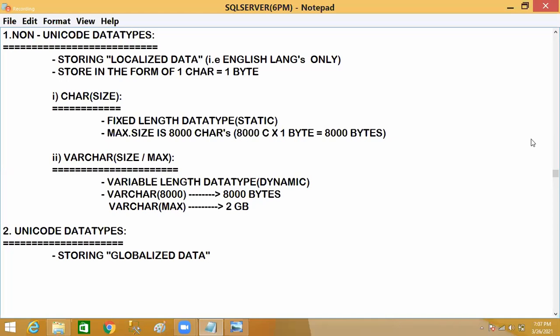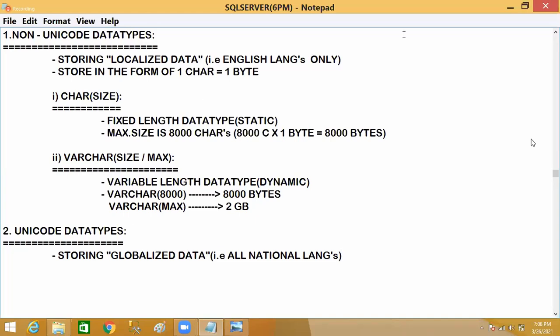So storing globalized data, what does that mean here? That means all national languages.